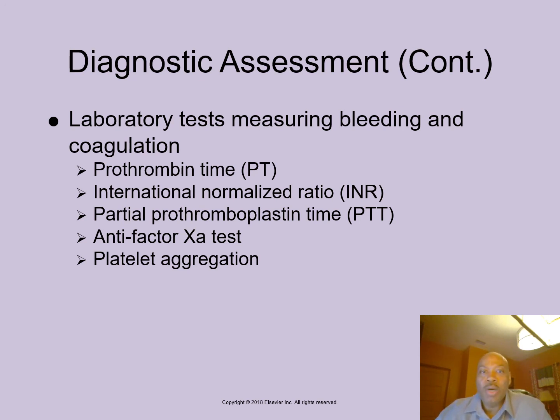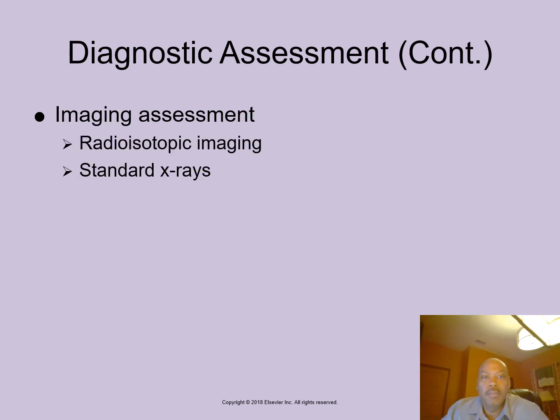Now, aggregation or clumping is the same thing, and it can be impaired in conditions like von Willebrand disease, also in patients who are taking aspirin, and those who are taking anti-inflammatory agents, psychotropic agents, as well as platelet inhibitors as well.